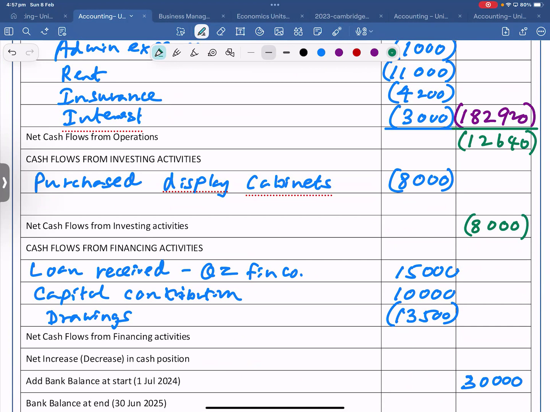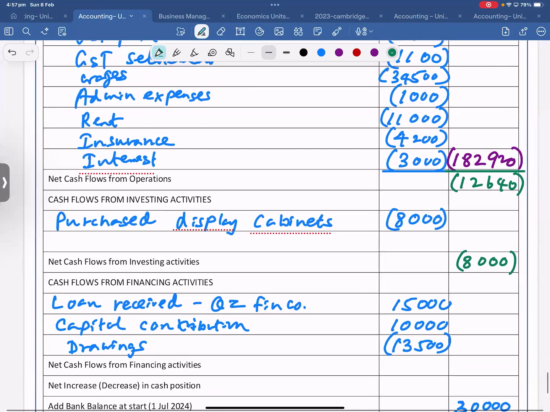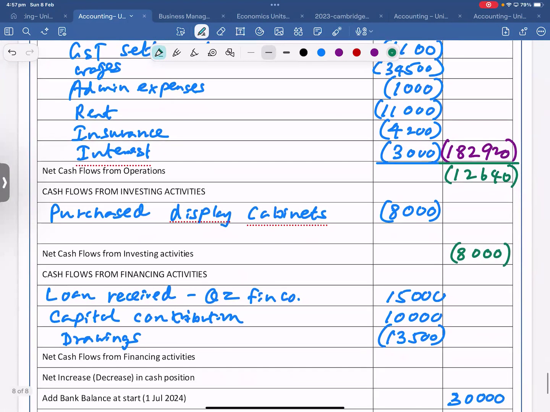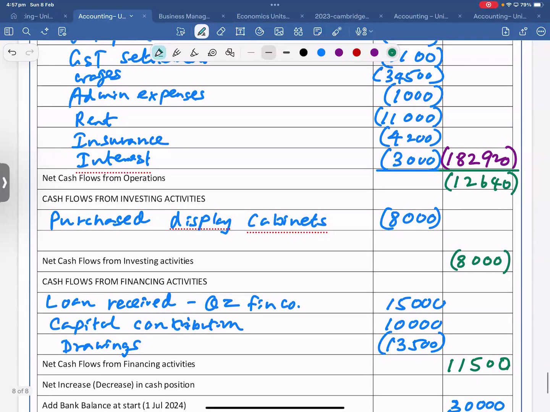Then guys, net cash flows from financing activities. Everything down, so you have to take it down. 11,500. And then net increase or decrease in cash position. What do we do, guys?